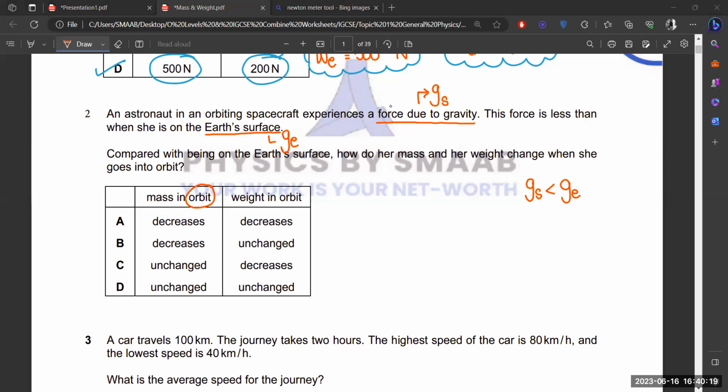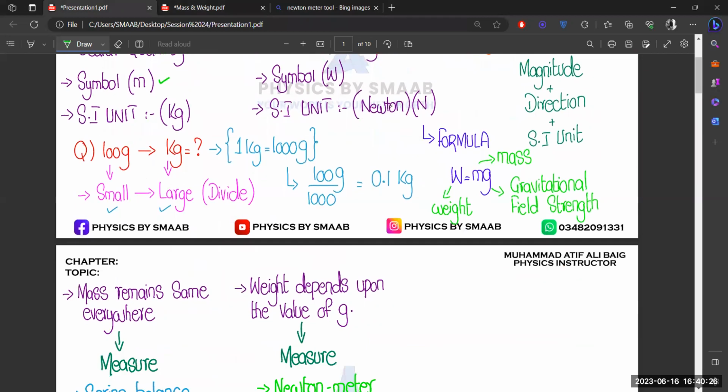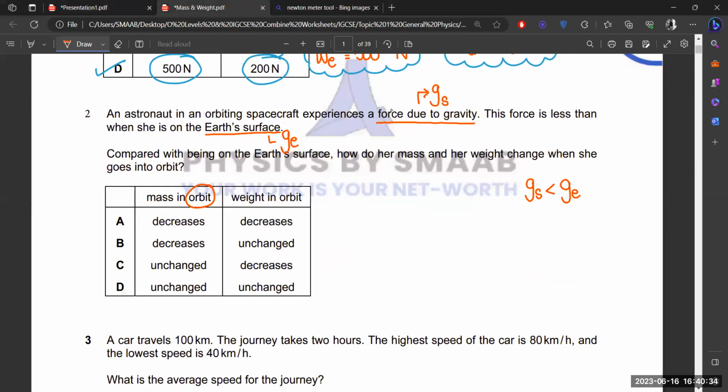According to the difference we wrote here, mass remains same everywhere. So it means mass remains same. So mass will be unchanged. So there is a 50-50 situation now, because we know that mass will never decrease, right?